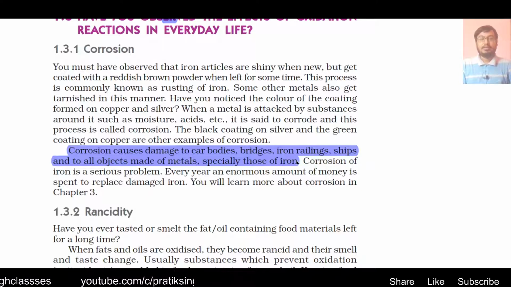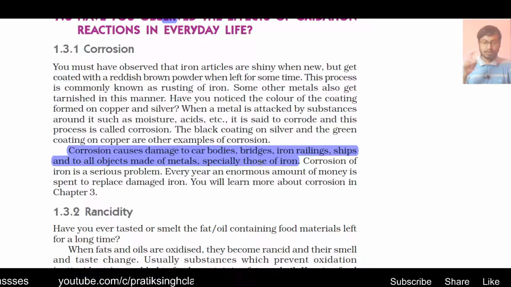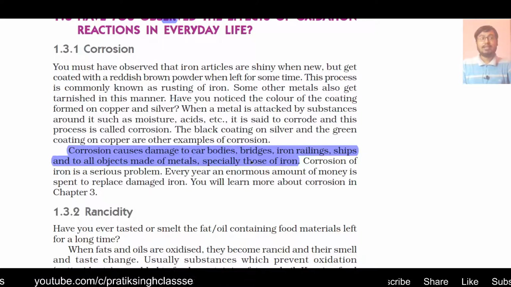Because of this corrosion we always have to keep a protective coating on things made of iron, like greasing, painting, anodizing, amalgamation, and electroplating, to save the articles.